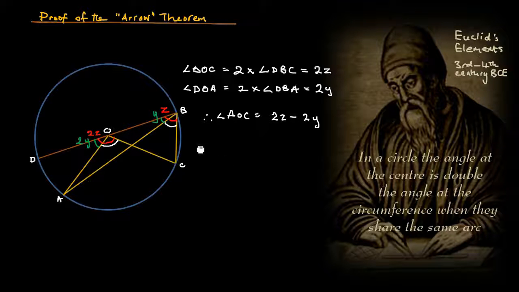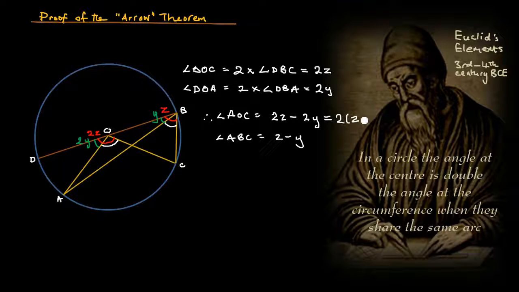Okay. 2z minus 2y. And the other angle at the circumference, which is angle ABC, you can see is just z minus y.